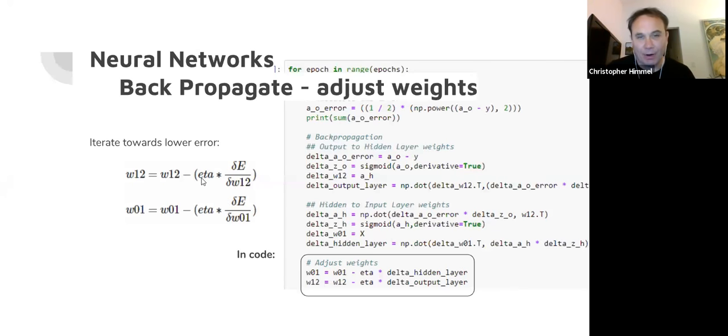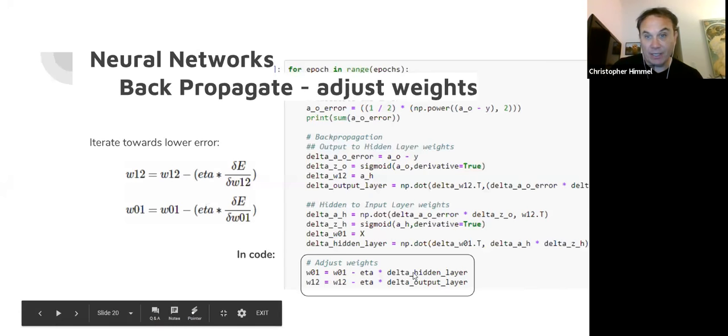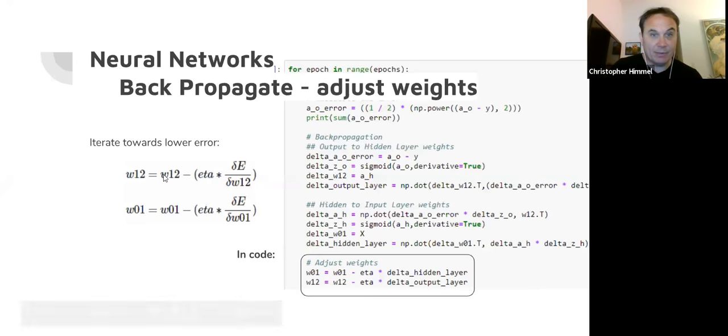You can pick this number. This is an arbitrary number. It's going to change how quickly our weights converge to the right answer, and it may not converge. It may go too fast, and we will go into what happens if your learning rate's too small or too large. But that's our next function. The next code just implements this right here.